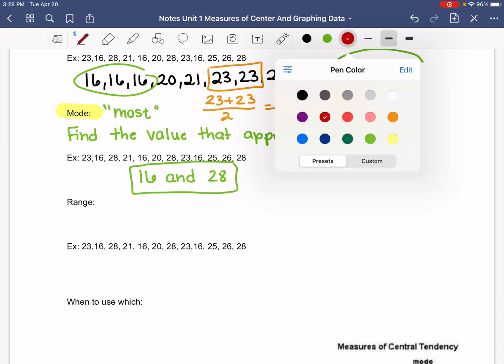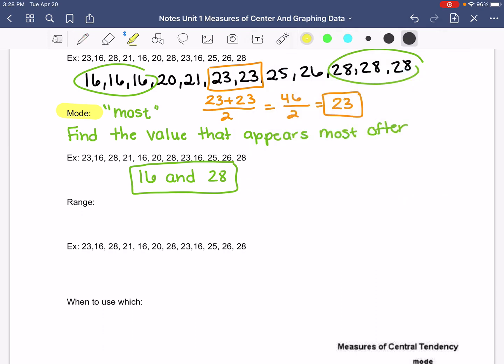All right, our last one we're going to look at is the range. So the range is the spread. So we looked at 3 measures of center, and then we look at spread. Spread is how spread out your data is. You just take your largest number minus the smallest.